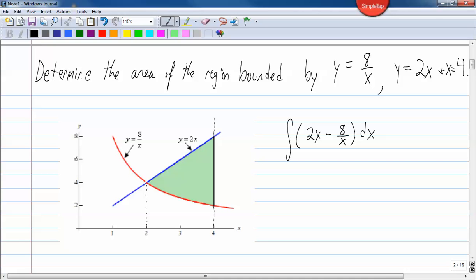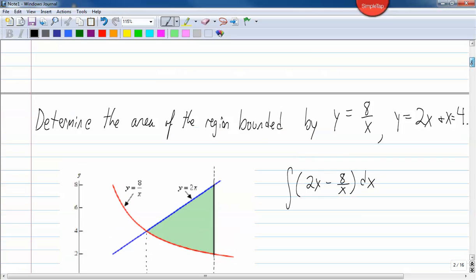Then you set the two equations equal. So you say 8 over x equals 2x. Then the way that I would solve this is I would cross multiply. So I'll get 2x squared equals 8.